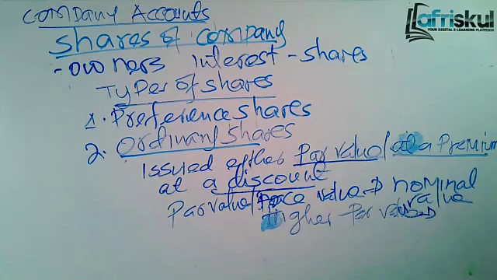When I talk of a rights issue, it is when you are issuing ordinary shares to the existing shareholders at a price that is slightly below the value or the issue price. So that is majorly what you need to understand on the types of shares and how the shares of the company are issued.